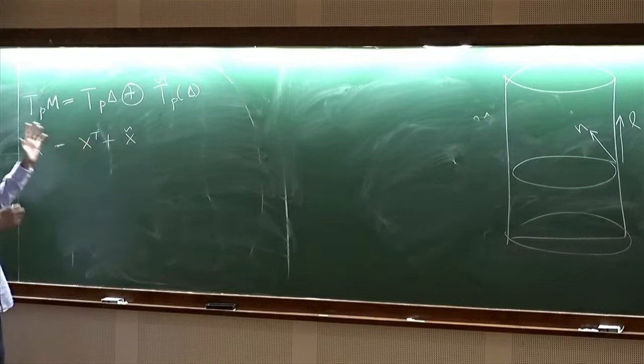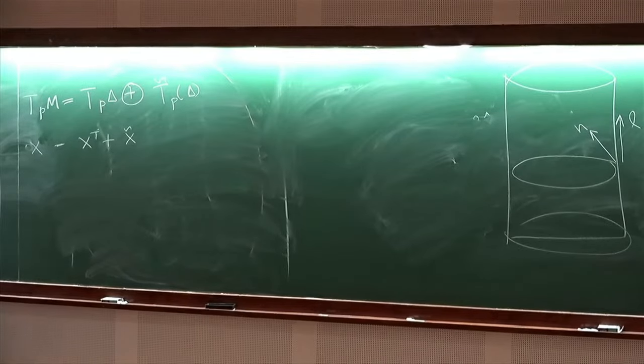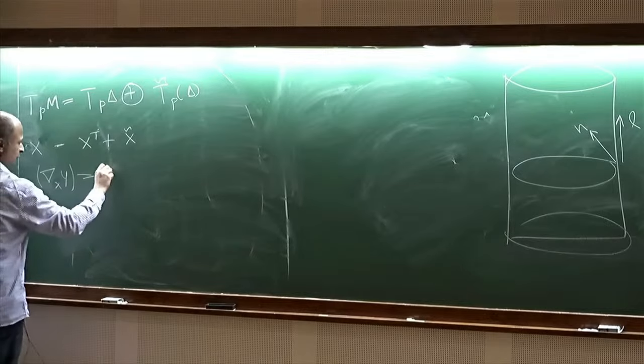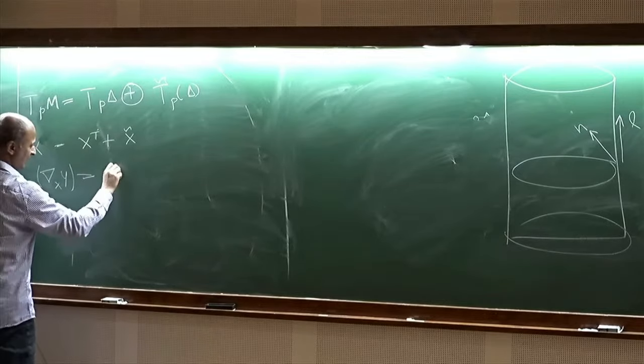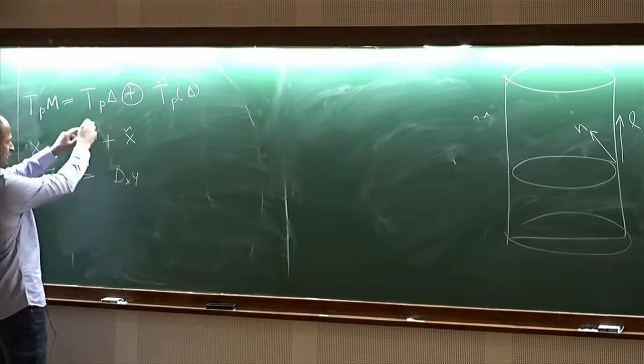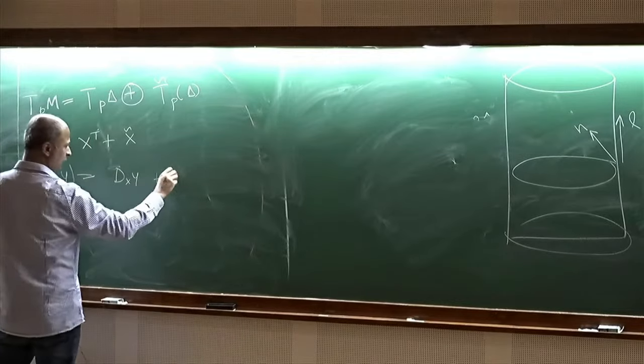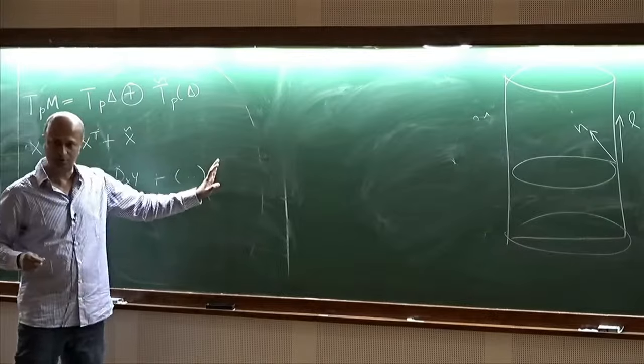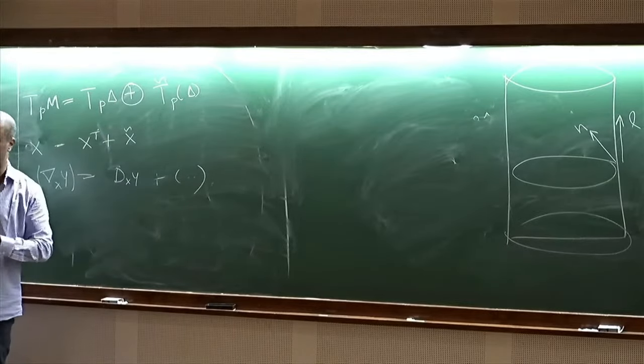It seems strange, but it is how it is. So when I want to do this combination here, grad_X Y, this should be, let's say, D_X Y, which is the tangential part, plus something along the other part, right? Something along N. So as long as this thing is not zero, then I cannot, in fact, do a decomposition like this.